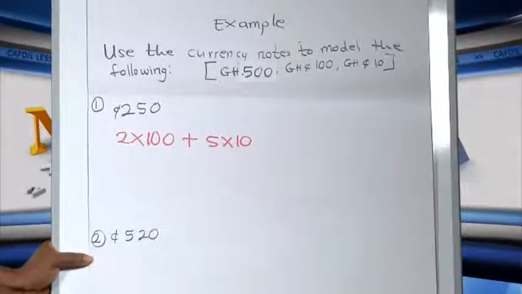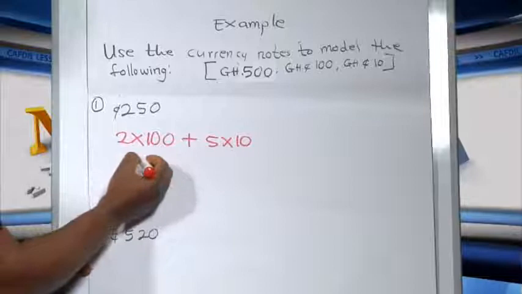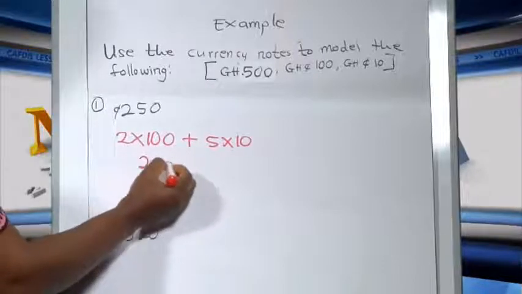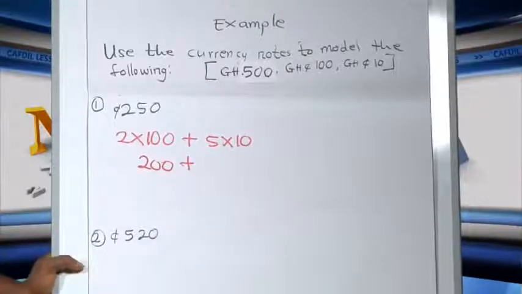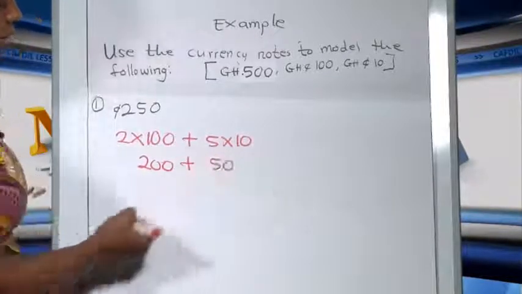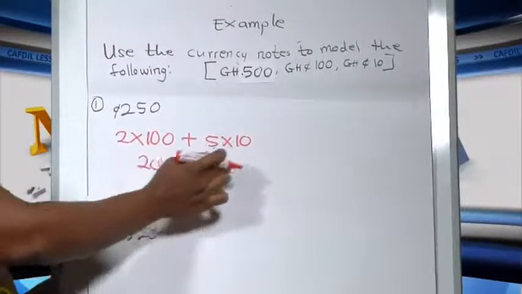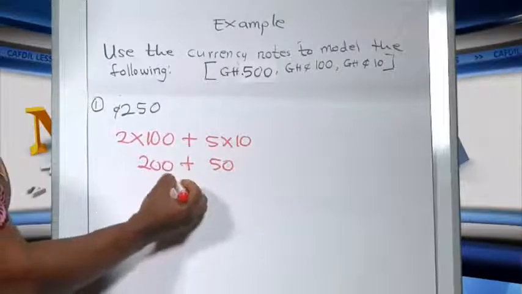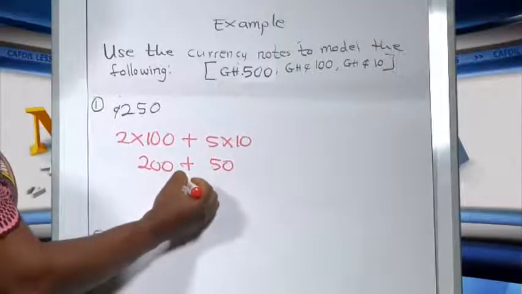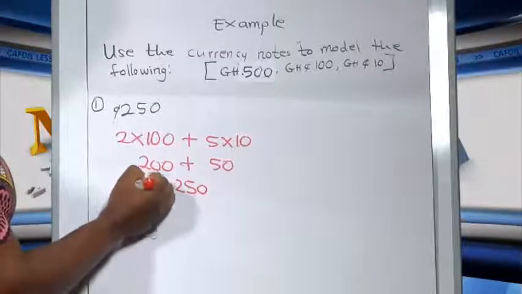Let's calculate it and see if we will get 250 cedis. 2 times 100 will give us 200 plus 5 times 10, 50 cedis. Now let's put the two together. 200 plus 50 will give us 250 Ghana cedis.